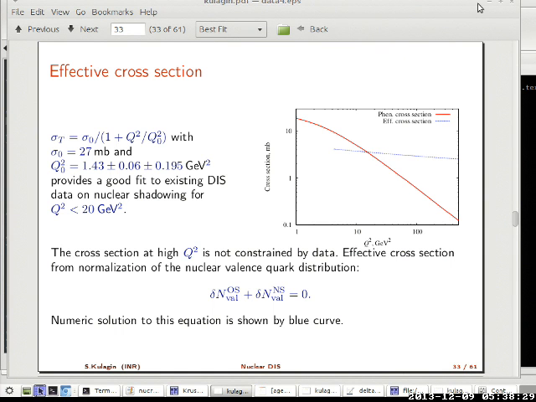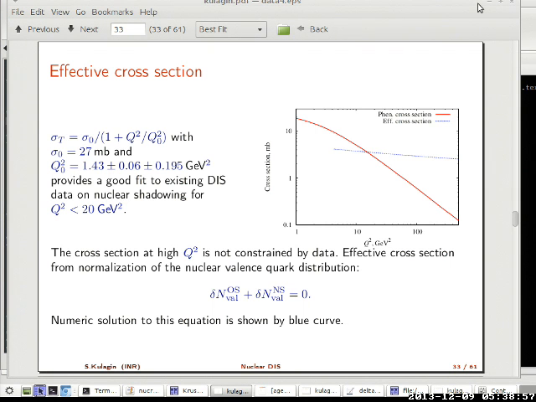This blue curve is an attempt to calculate the asymptotic cross section. This is the effective cross section which comes from the fit. One can trust this cross section for Q square less than 20. But this cross section was calculated from the normalization condition.